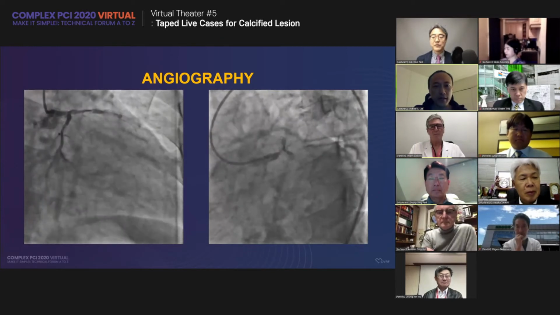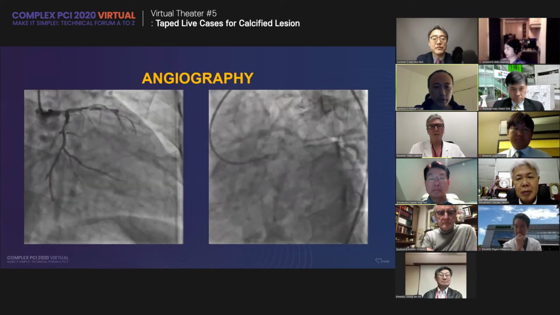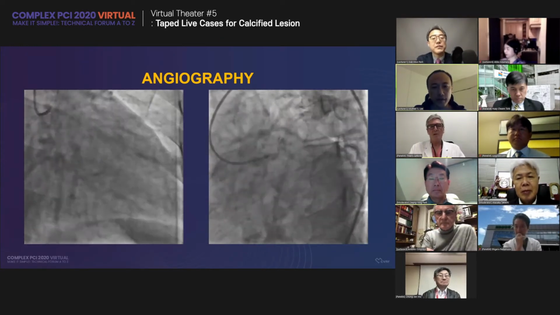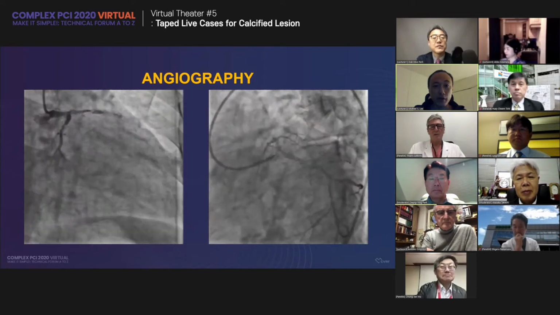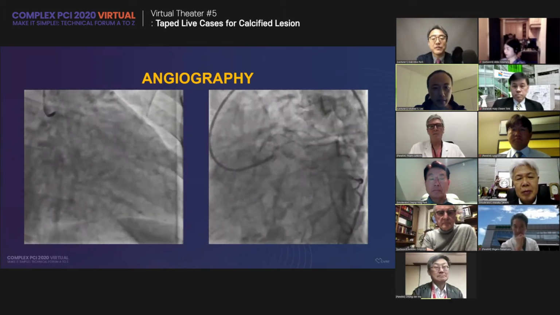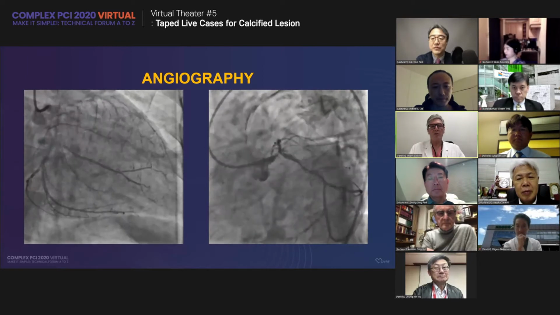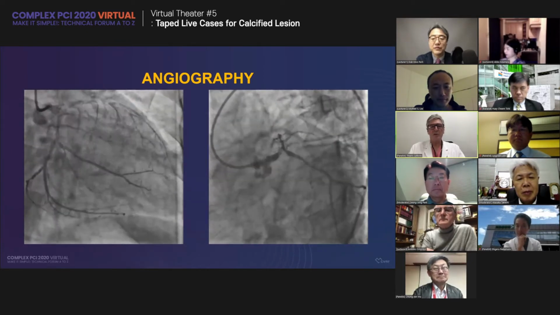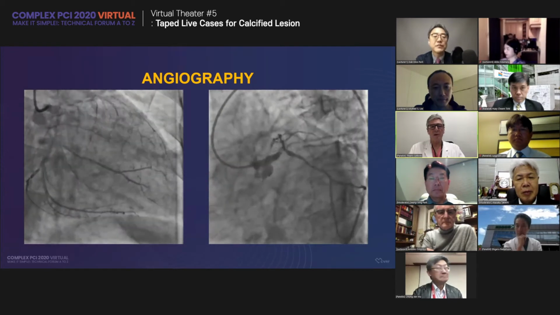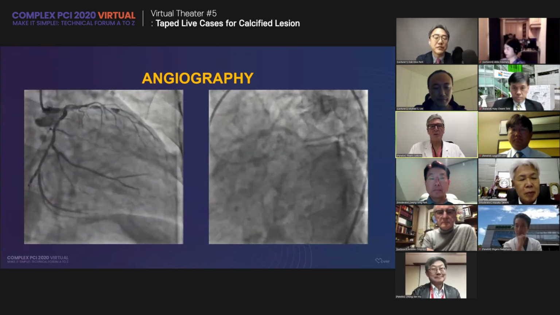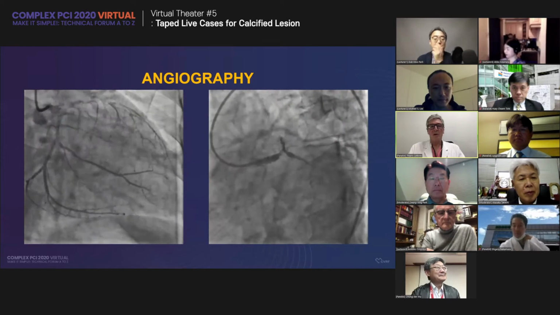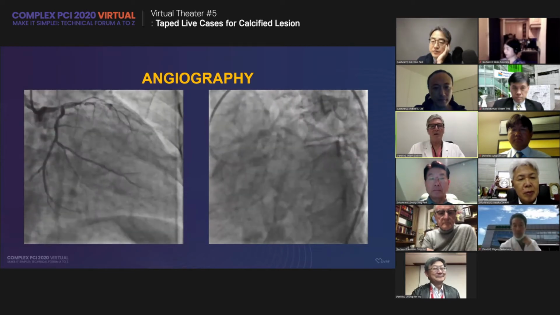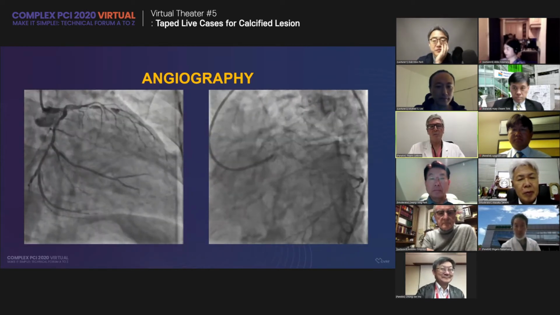There are Q waves, and the apex on echo was akinetic. So that's very important for decision making, how far you stent distally. So I think it's a good argument to go to PCI because he is not a good candidate for surgery, not only because of ejection fraction, but also because implanting a mammary artery in the LAD will not be useful in this case.